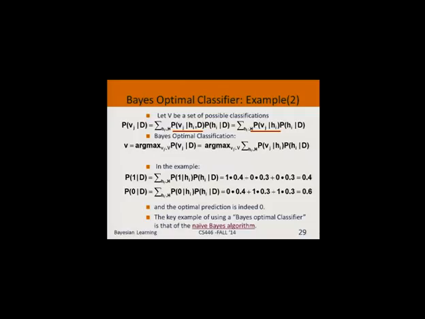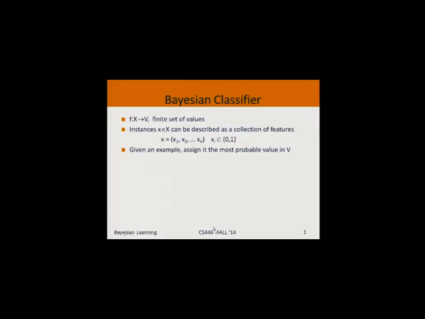And the key example of where we are actually going directly for a prediction is this very important example of the naive Bayes algorithm. In some sense, naive Bayes is going back to the previous part of this class, where we just talked about classification. It's a classifier, as we will see.